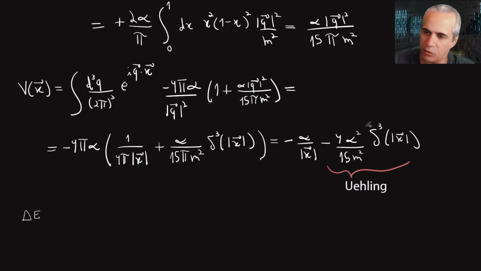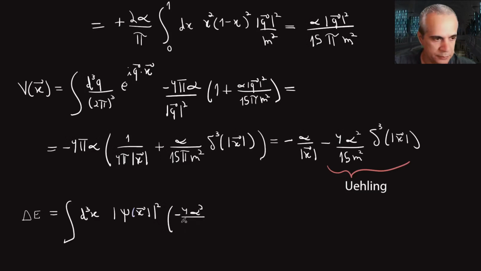But now this correction will be proportional, at any particular state, to the integral of the wave function squared times this change in the potential. So this is the correction to the energy level.